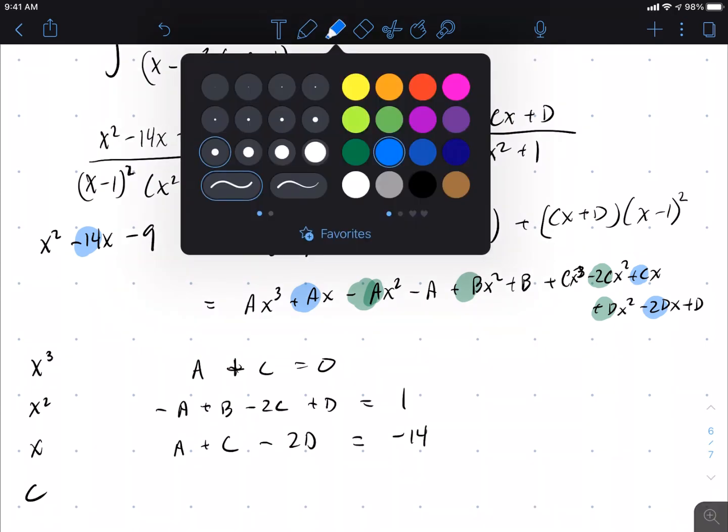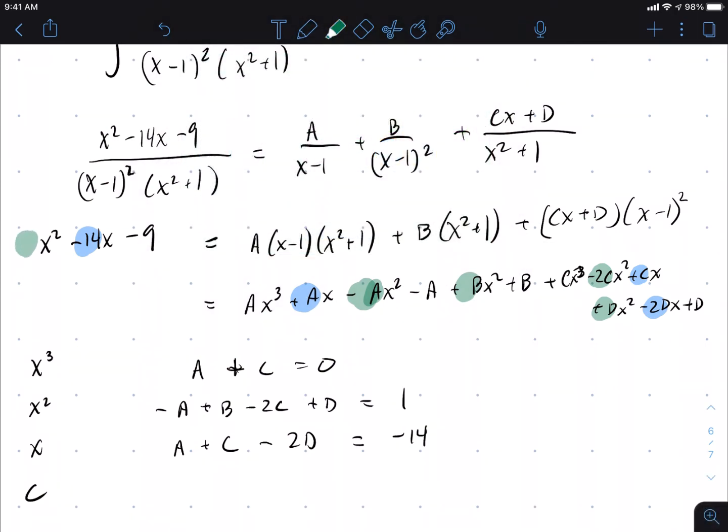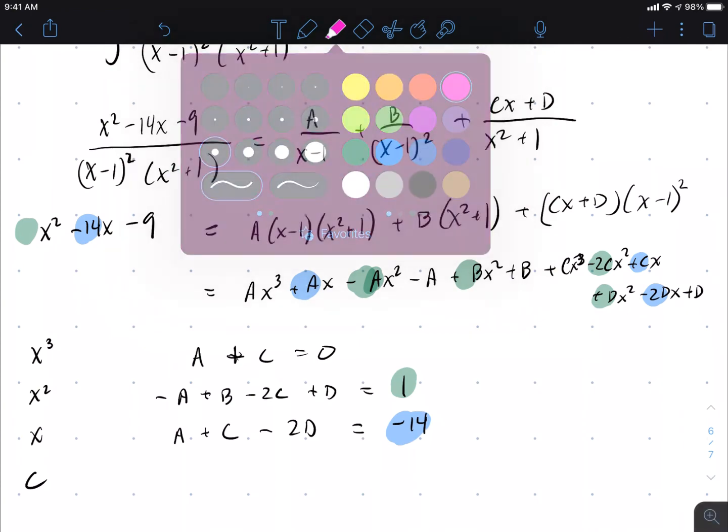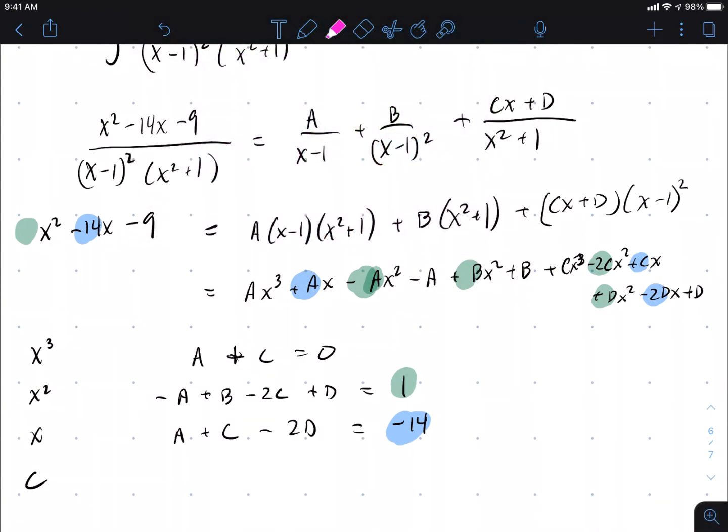The coefficient here is 1. That's why I got 1. The coefficient here is negative 14. That's why I got the negative 14. We're good? Yeah. All right, with the constant then, it's the ones that don't have a variable. So it's minus a plus b and a plus d.